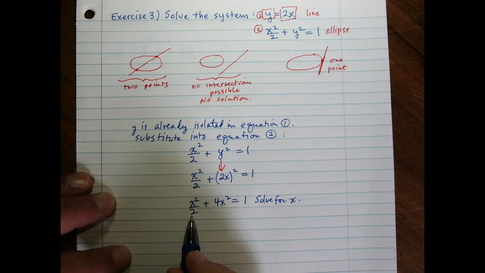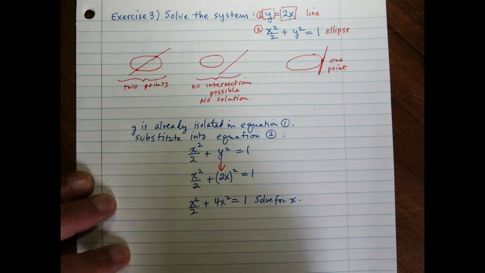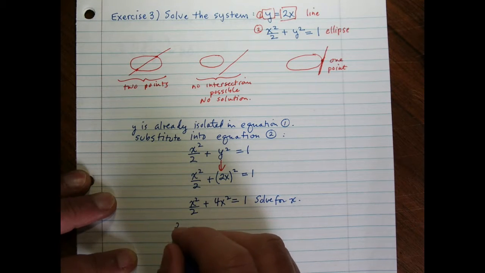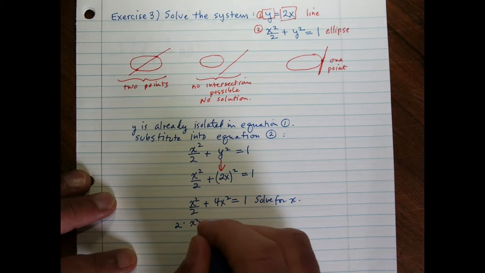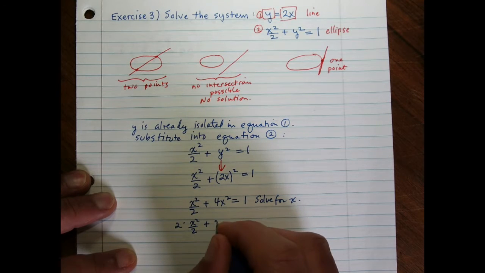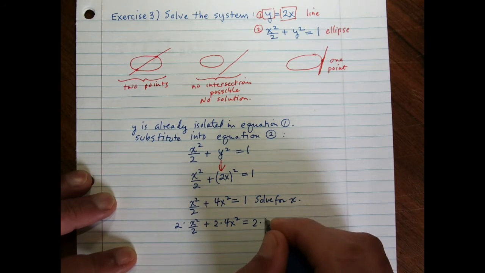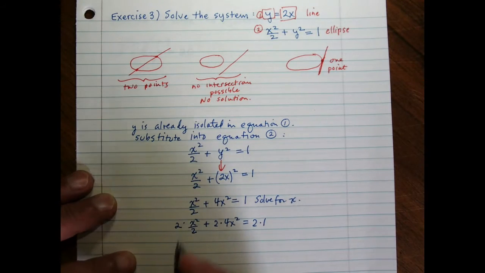Since I have this fraction over 2, I'm going to multiply both sides of the equation by 2. So I'm going to take 2 times x squared over 2 plus 2 times 4x squared equals 2 times 1. I have to multiply each term by 2.